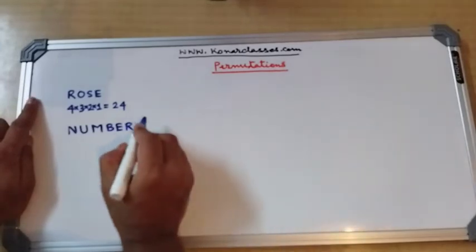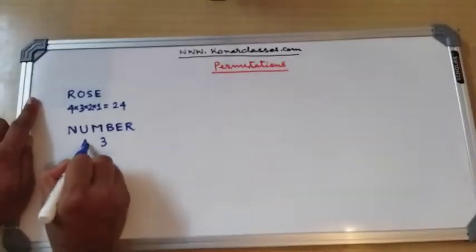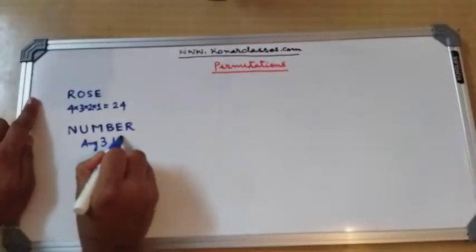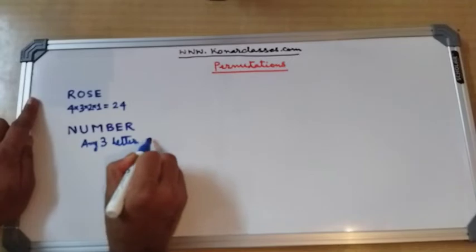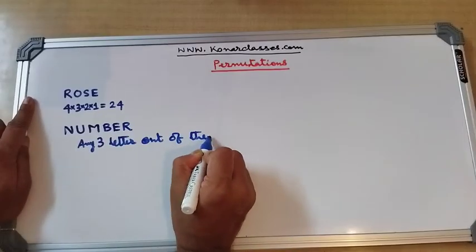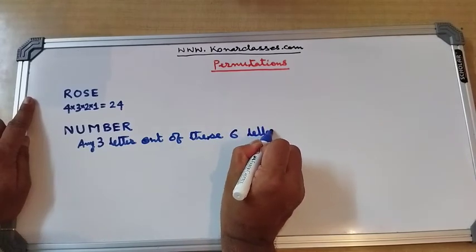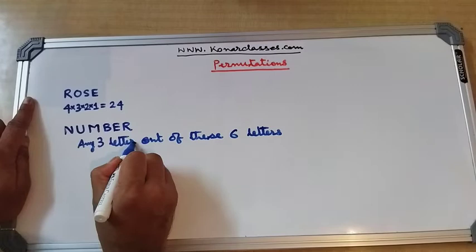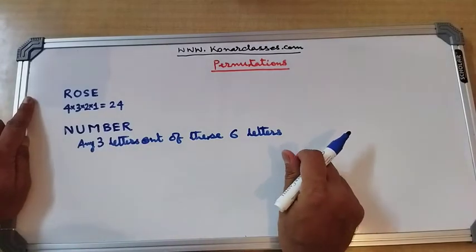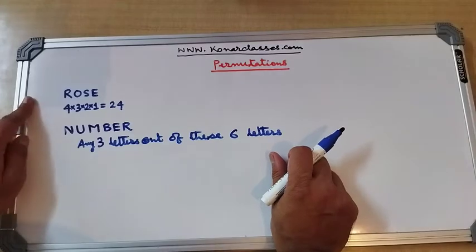Here we are allowed to take any 3 letters out of these 6 letters. Then the question is: in how many ways can we form a 3-letter word out of these 6 letters?